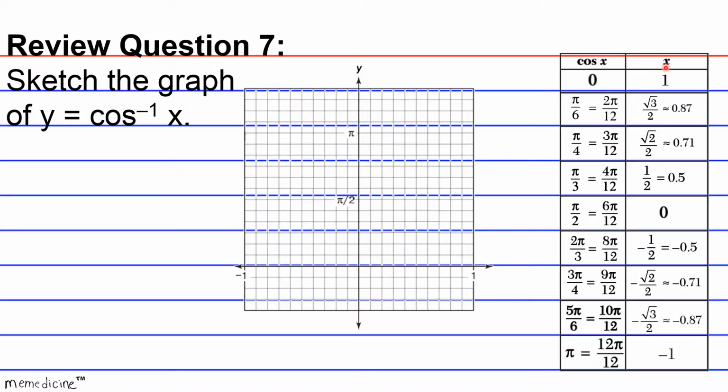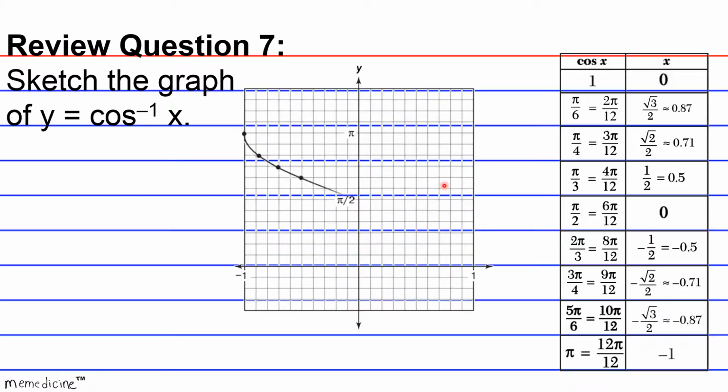So the independent variable becomes the cosine of x, and the dependent variable is the angle measurement. This should put you on alert that whenever you're trying to find the answer to an inverse function, you're always going to end up with an angle measurement, whether in degrees or radians.